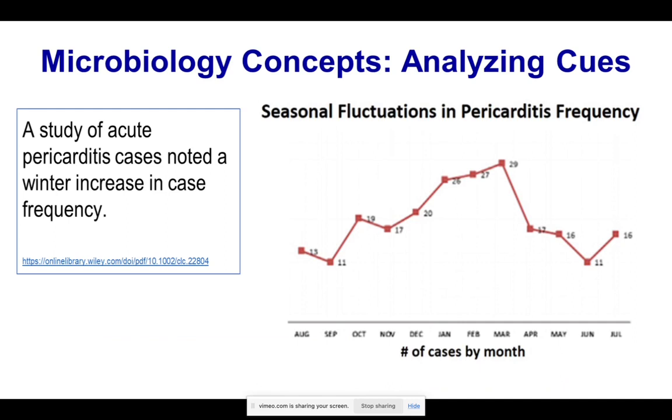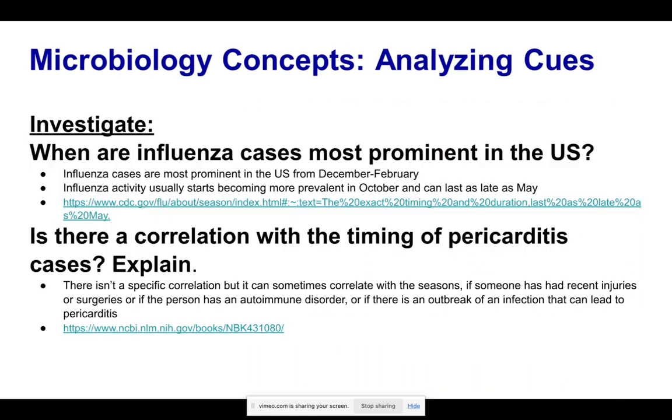Our diagram here shows a study of acute pericarditis cases noted a winter increase in case frequency. So for microbiology concepts, when influenza cases are most prominent in the US is during December through February. Influenza activity usually starts becoming more prevalent in October and can last as late as May.